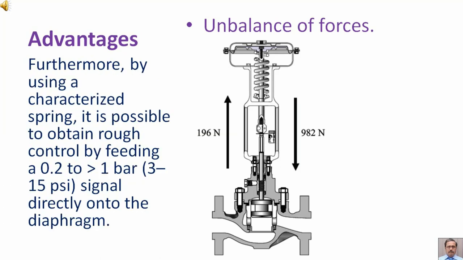Furthermore, by using a characterized spring, it is possible to obtain rough control by feeding a 0.2 to less than 1 bar, which can be 3 to 15 psi, signal directly onto the diaphragm.